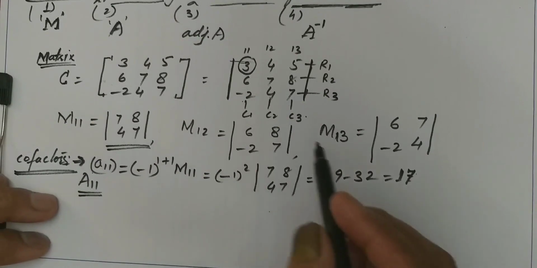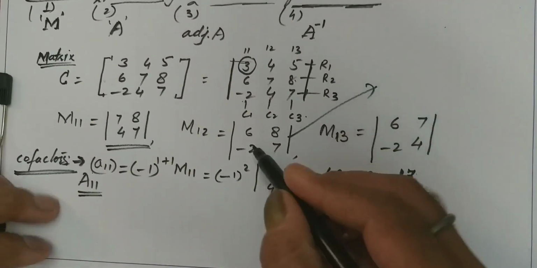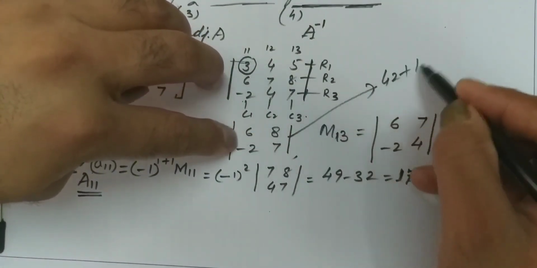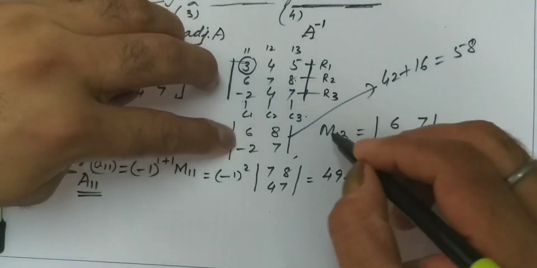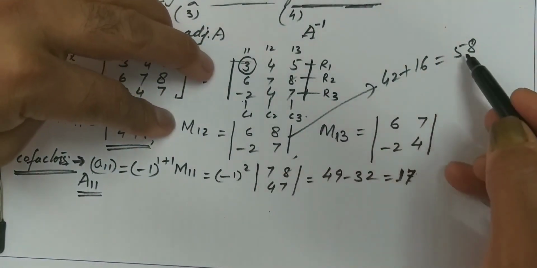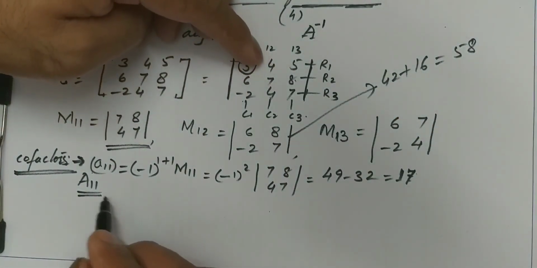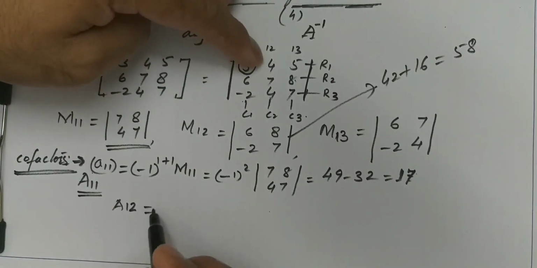But in case of the next, M12, here 6 times 7 is 42 and then plus 16, so that is 58. In this case the minor of 4 is 58, but let us see whether the cofactor is also this one. So A12 is what?